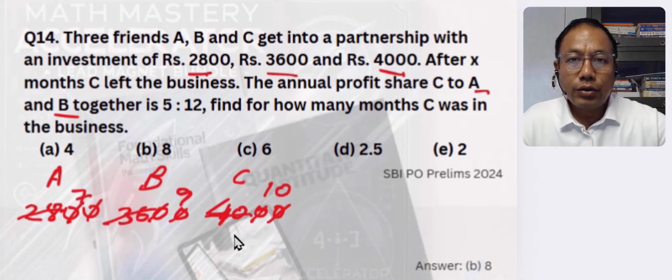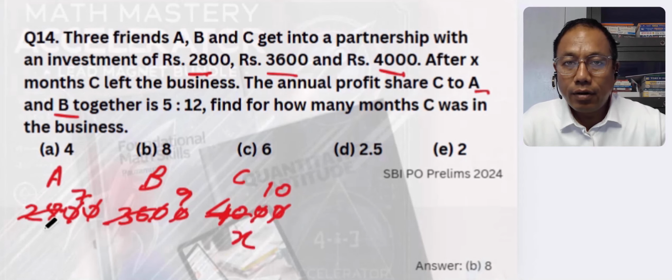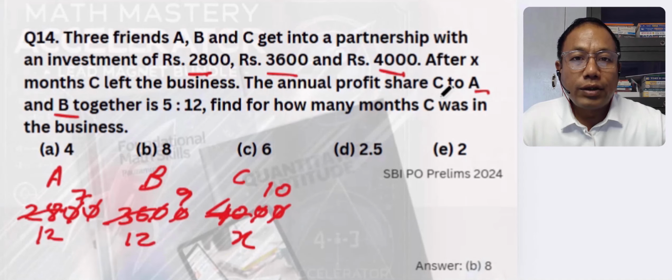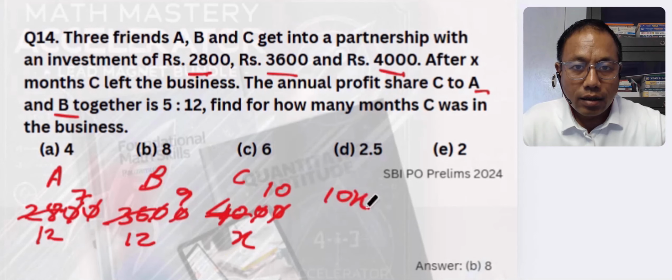She joined the business for X months. And A and B for 12 months. It's annual profit share. C share is 10 into X, 10X by A and B together.